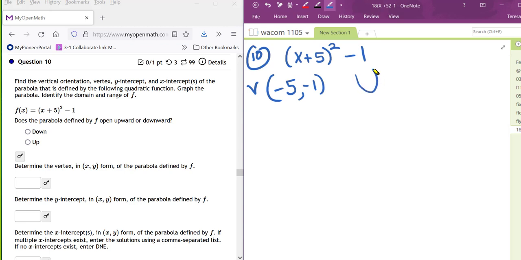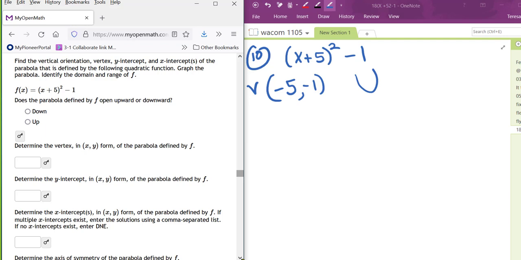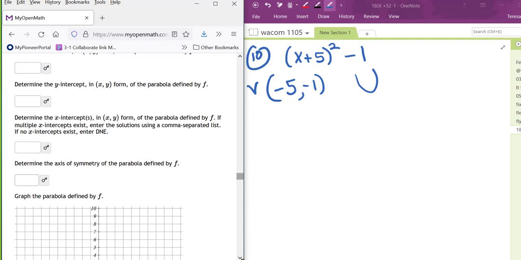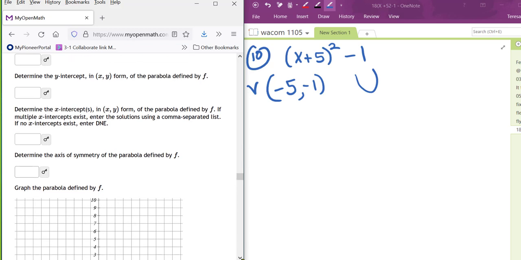That is your question about which way it opens. If it asks whether it has a max or min, it will have a min, which is here. It will be at -5. The value will be -1, just like we did with max and min with the relative ones before.